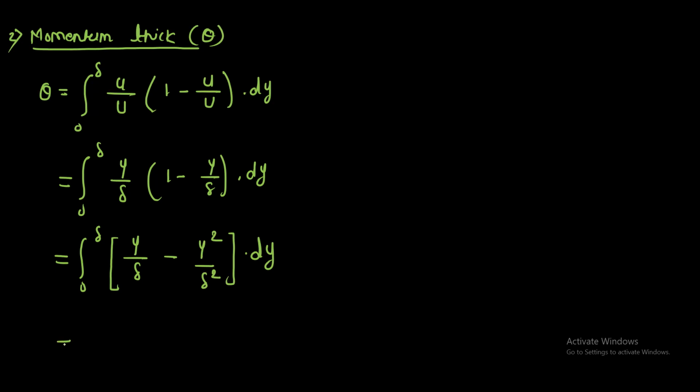Now integrate this. Y upon delta, its integration is y square upon 2 delta, minus the integration of y square, which is y cube upon 3, and delta square remains as it is, and the limit is 0 to delta.